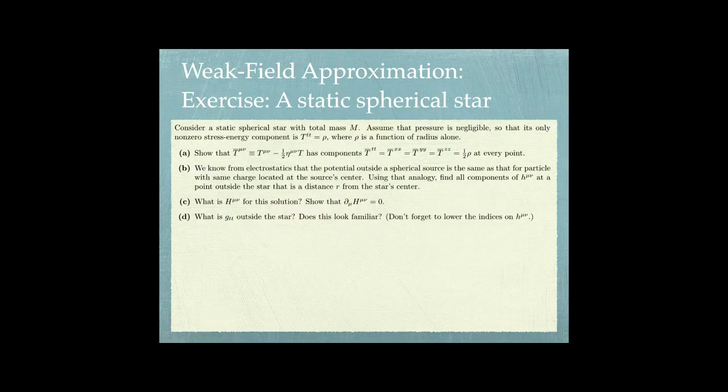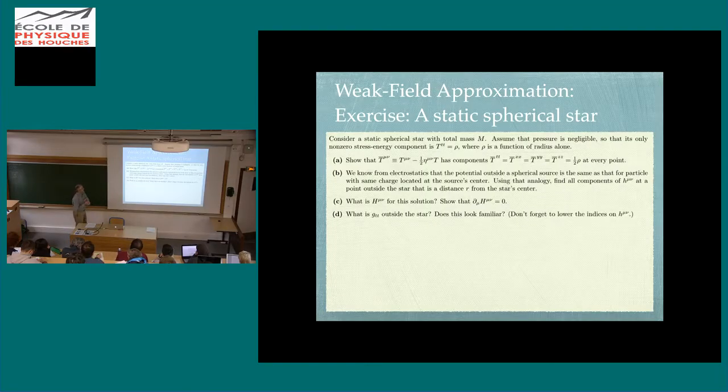Okay? So for example, let's consider a static spherical star with total mass M. Assume that the pressure is negligible, so that the only non-zero stress energy component is the time component, rho, the energy density. So the first step is to figure out what this T bar is.